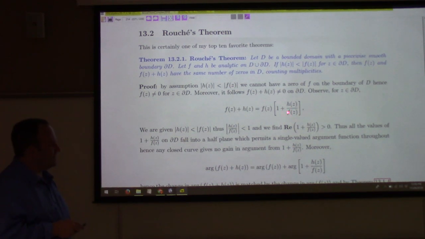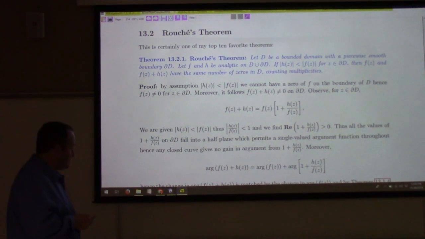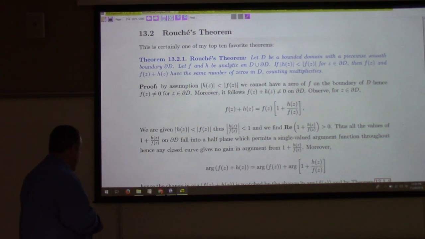Of course, there could be a complex component to the quotient of H and F. But focusing on the real part, we find that the real part is positive. And if the real part's positive, that means that this can't be 0, among other things. But more to the point, that's not really what we're after. This being positive means that 1 plus H over F falls into a half plane, which permits a single valued argument function throughout.